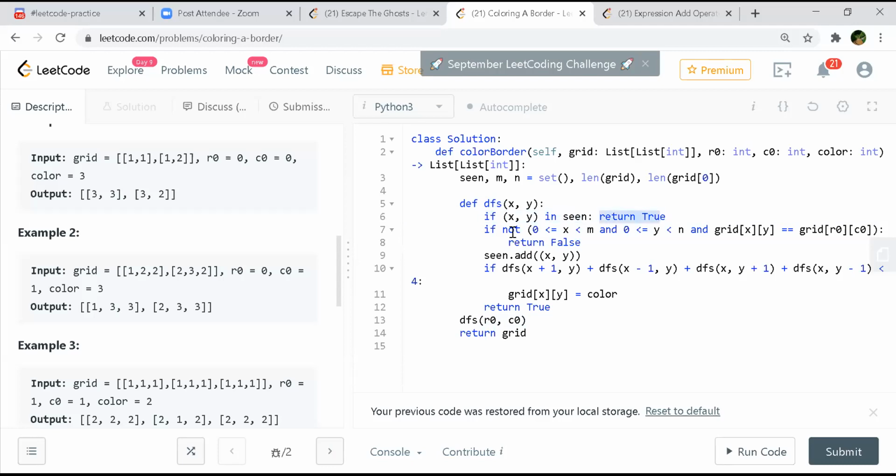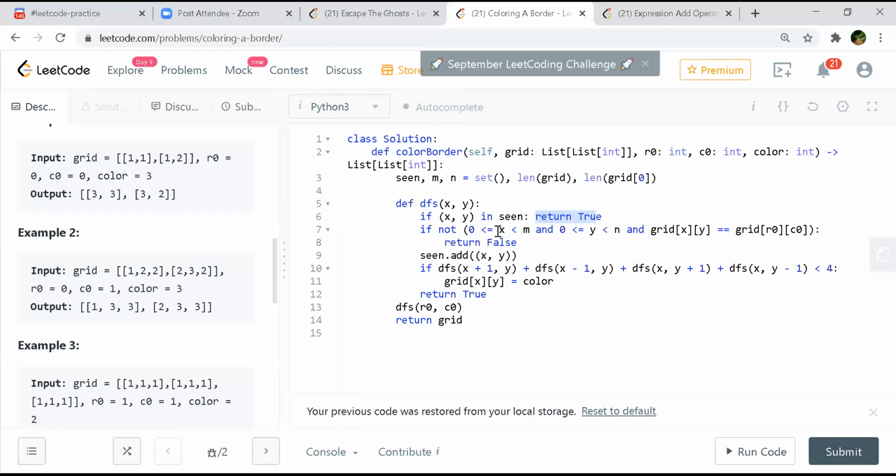And this is checking the base conditions. The base condition is that x is greater than or equal to 0 and less than m, the number of rows, and y lies between 0 and the given columns. If the current cell that you are looking at is not equal to the original r0, c0 color, then we return false in that case.